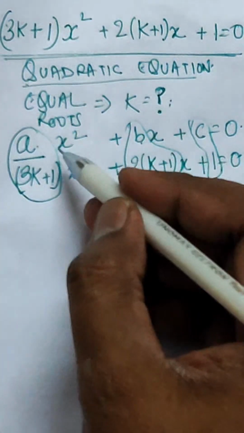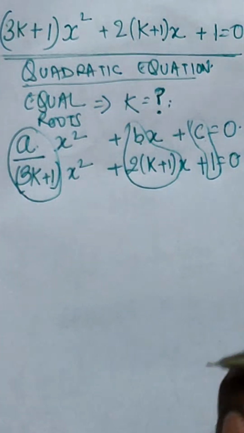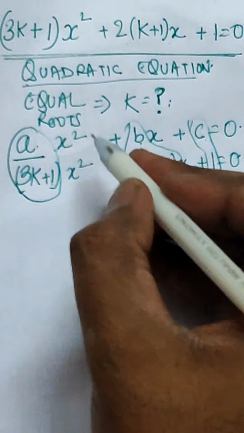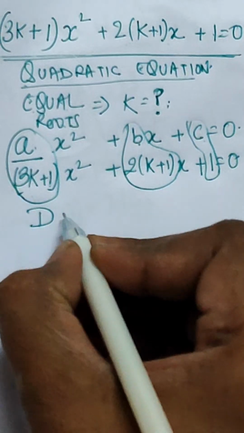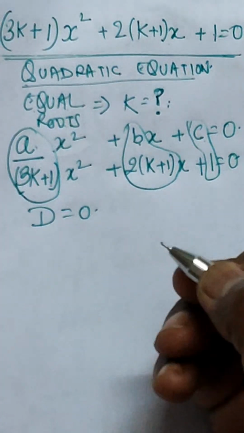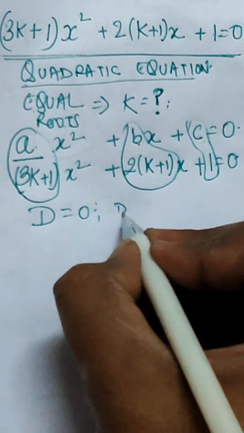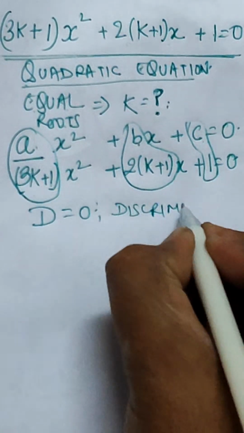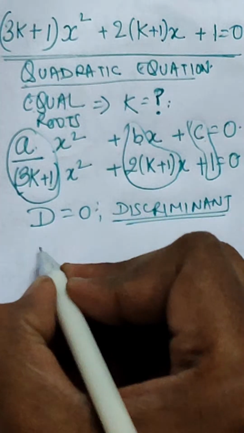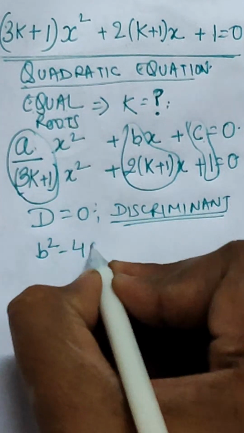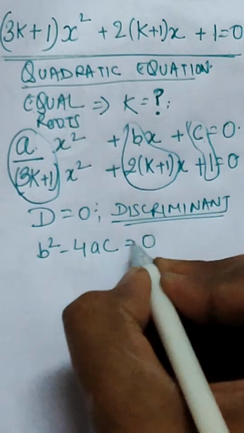Now since these three values a, b, c are known to us, we know that for equal roots D should be equal to 0. What is D? D is your discriminant, where the value of the discriminant is b square minus 4ac, which is equal to 0.